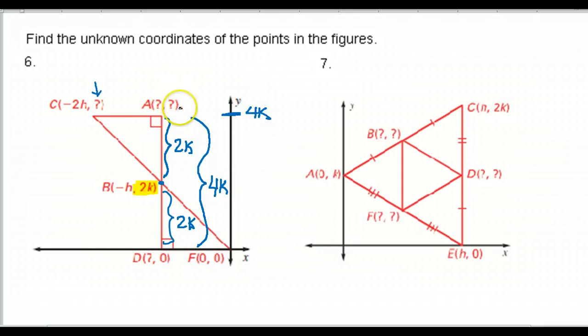So the y values of all of these points that are up here, the C and the A, should both be 4k because that's how high up this is. So this question mark is going to be 4k, and this question mark is going to be 4k.